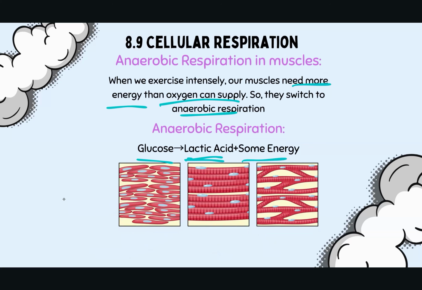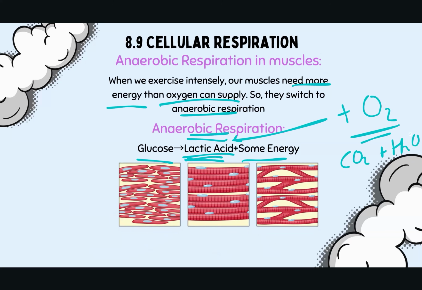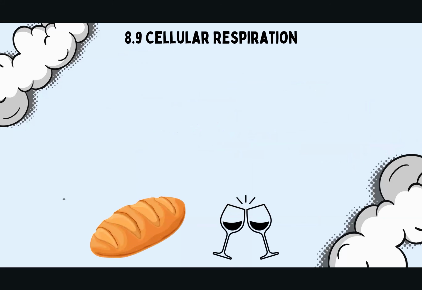That's why at the end of exercise, and those of you that are studying PE will know this really well, the lactic acid will react with oxygen and it will be released as carbon dioxide and water. That's why we have an oxygen debt. After we've exercised, we start taking deep breaths and start taking as much oxygen in as we can. That oxygen debt is there to get rid of the lactic acid, that oxygen that we owe the body.